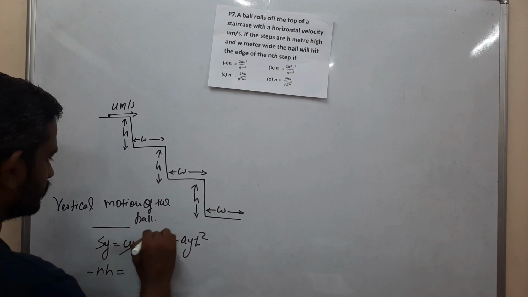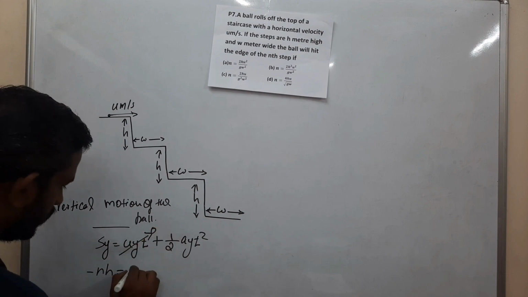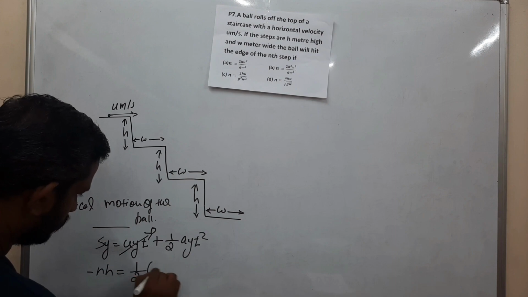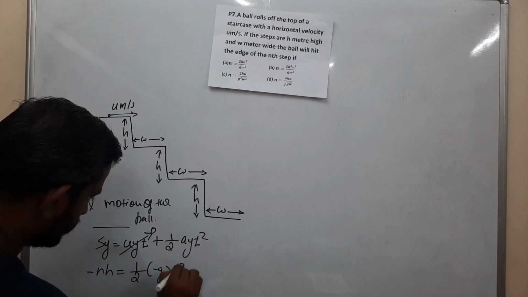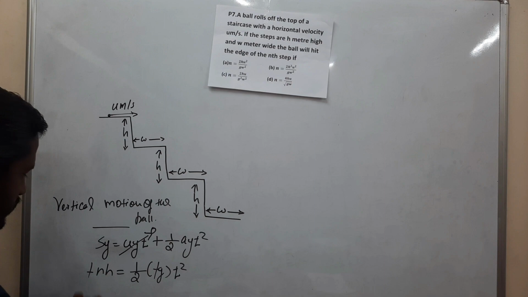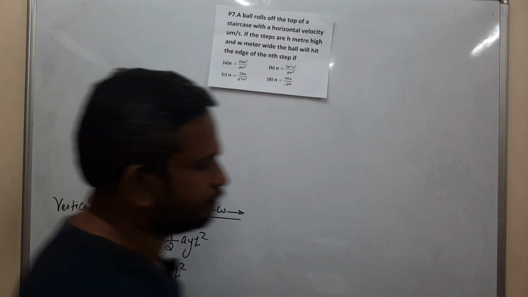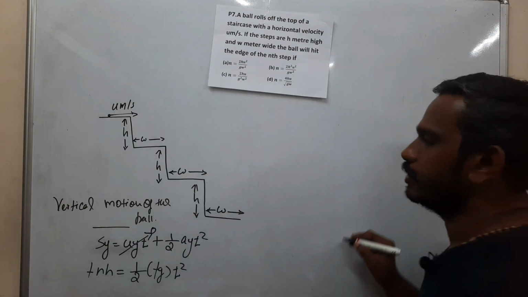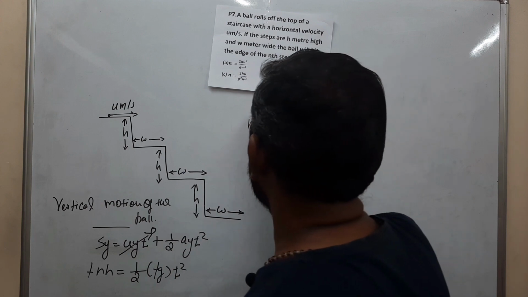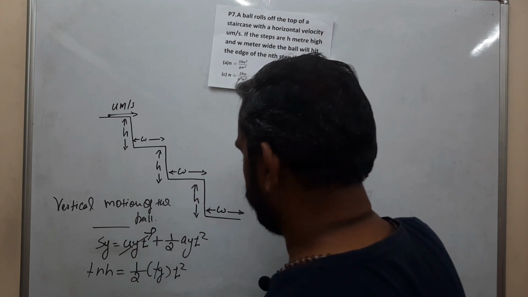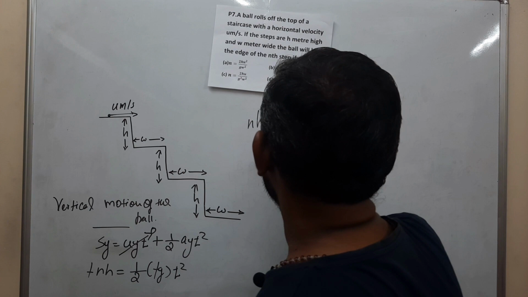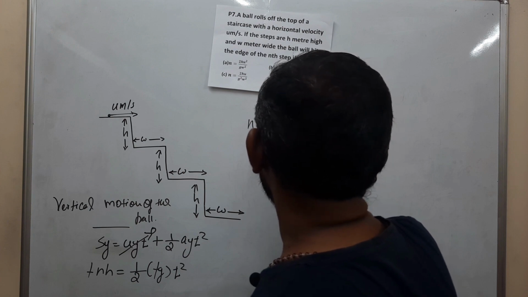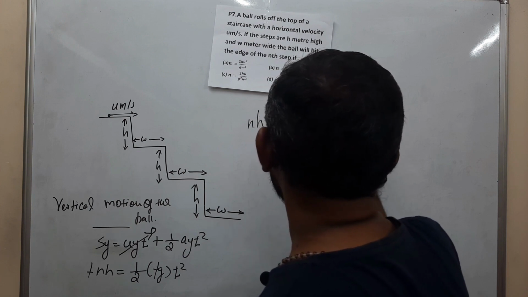So this term becomes 0. Half, minus g into t square. So this minus cancels. So nh is equal to g t square divided by 2. Take it as equation number 1.